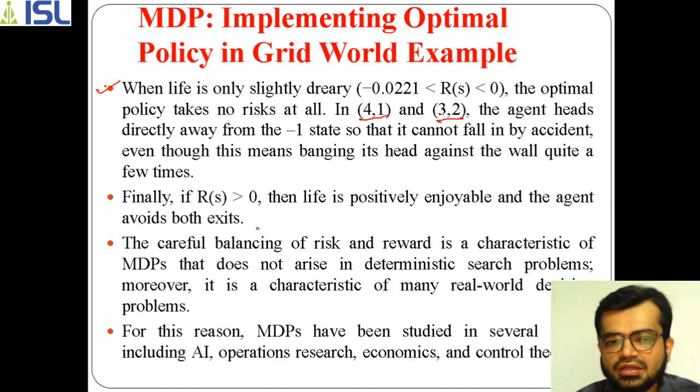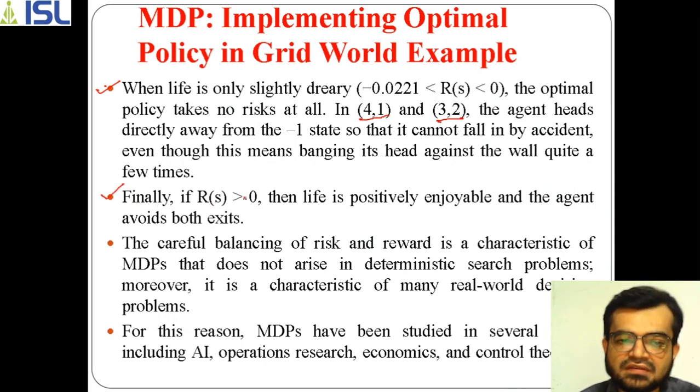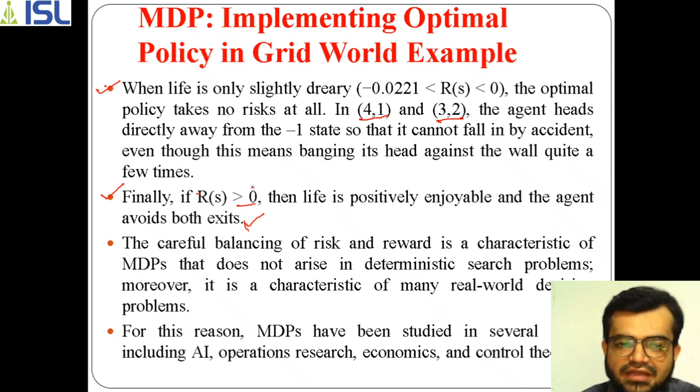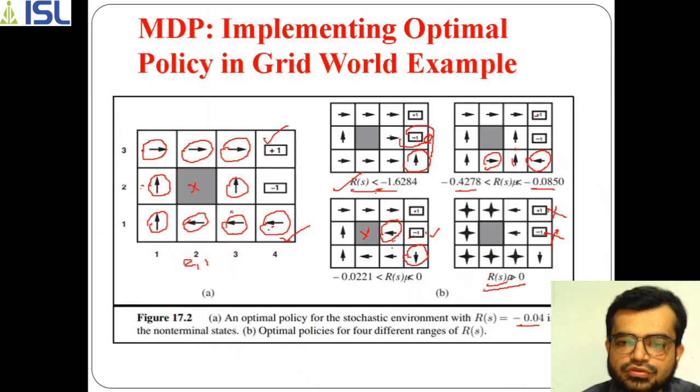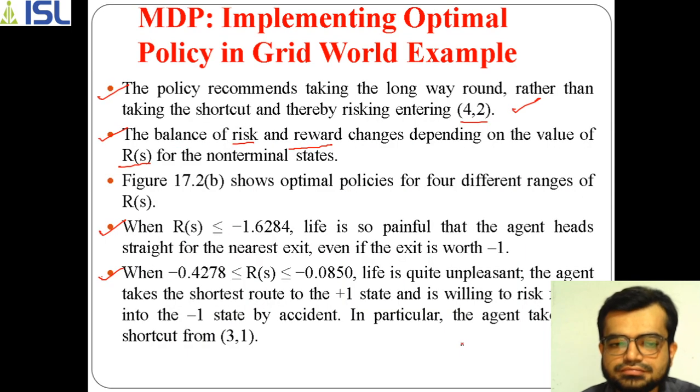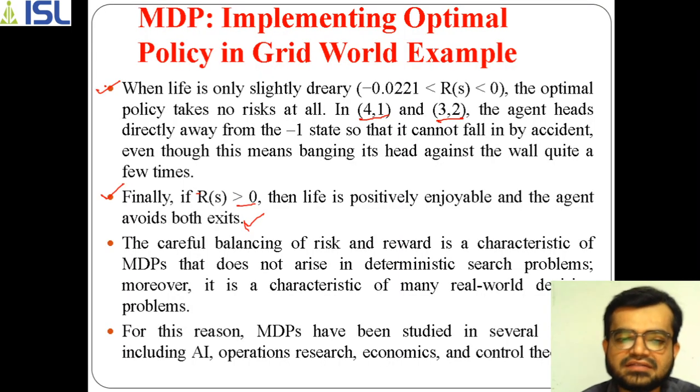So in this step you can see that if the reward for moving from one state to another is greater than 0, the agent avoids both exits, so it is neither entering the +1 nor the -1 state.